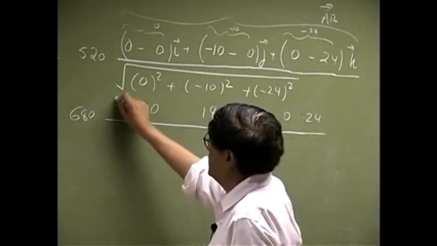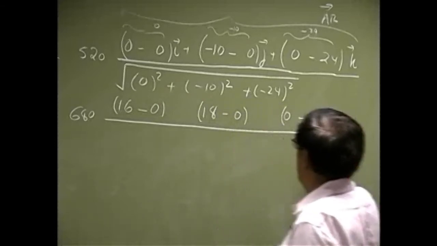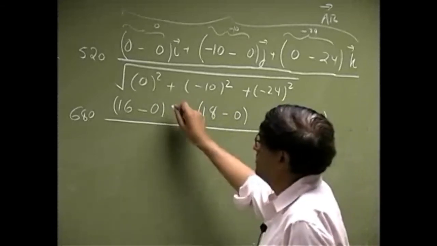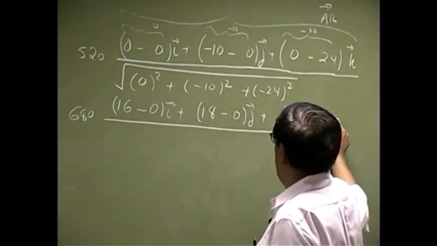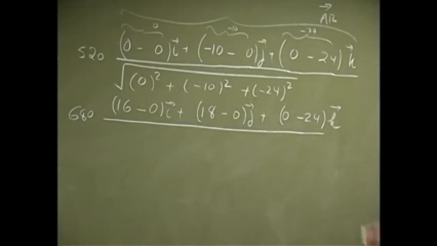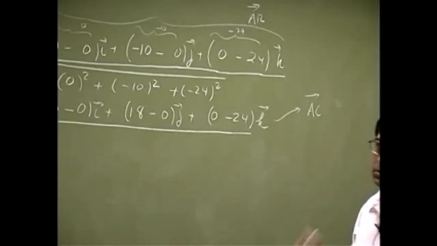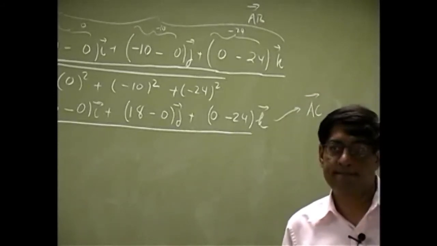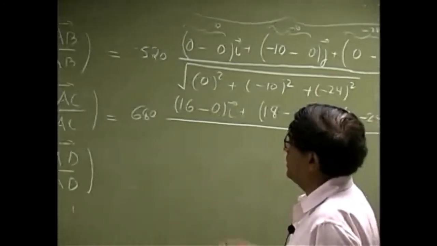Then you subtract these, and you multiply those by unit vectors i, j, and k. So this whole thing now is your vector AC, the position vector. Then we look at the components.